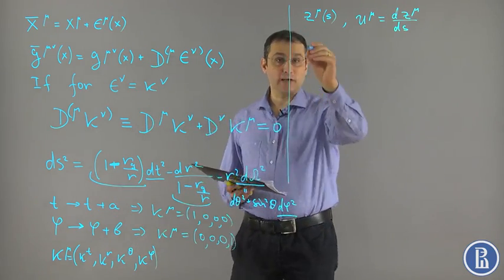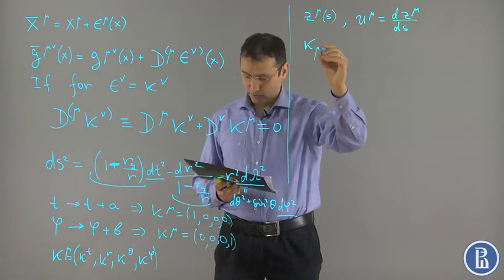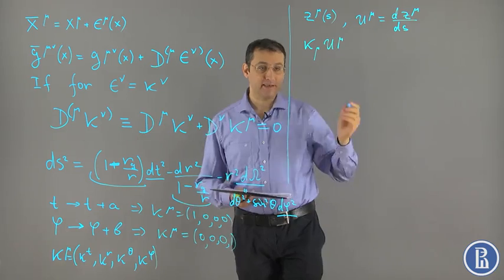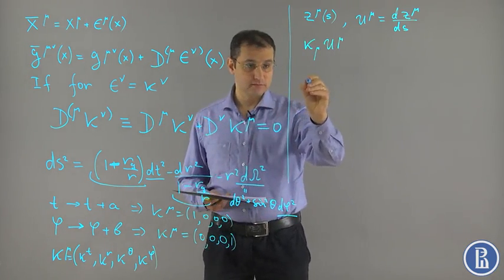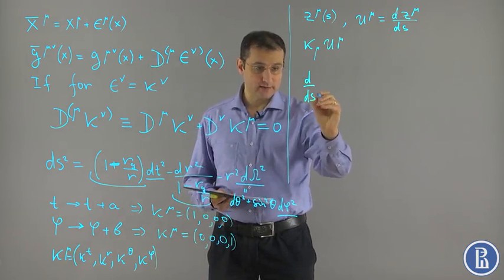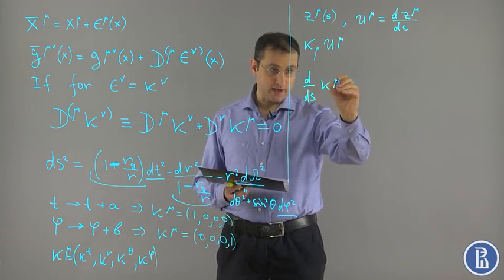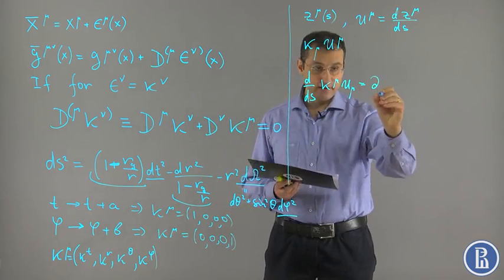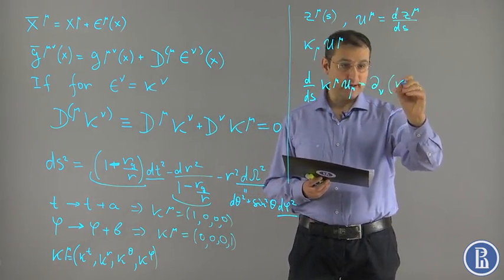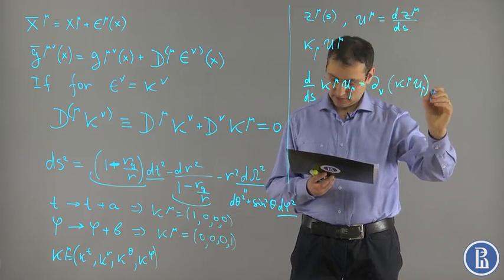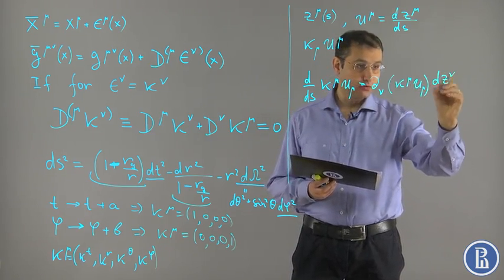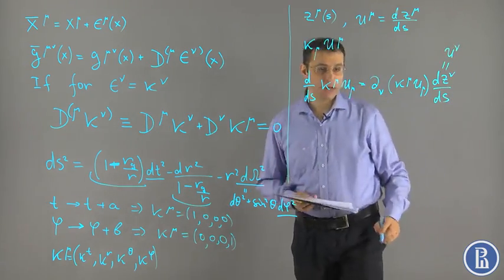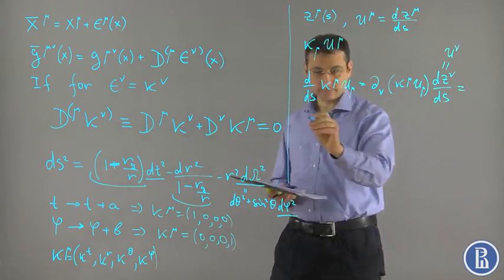Now, consider the following combination, k mu times u mu, and let us take its derivative d over ds, where s is the proper time. Then this is just u nu d nu of k mu u mu, since dz nu over ds is just u nu.